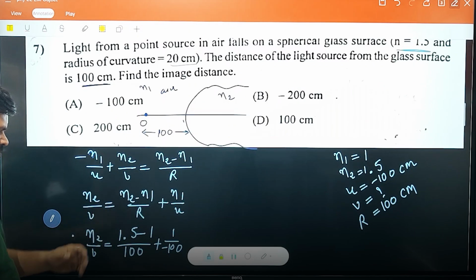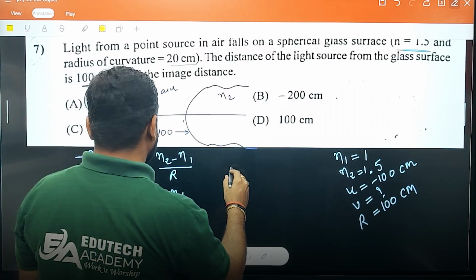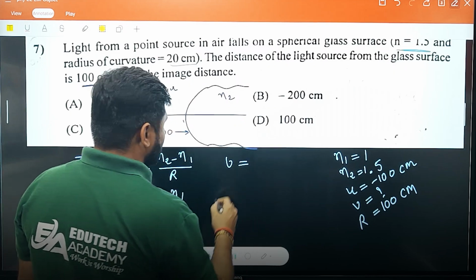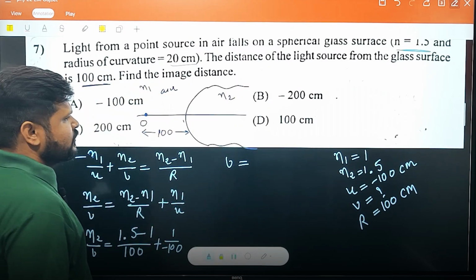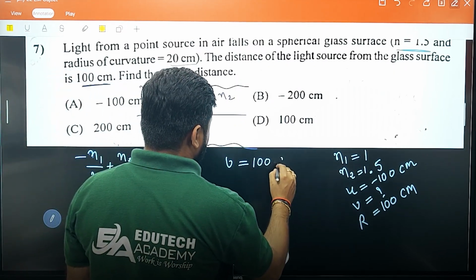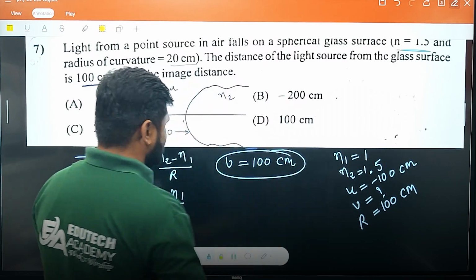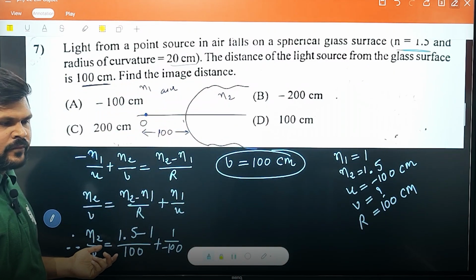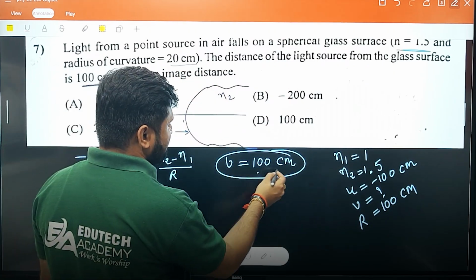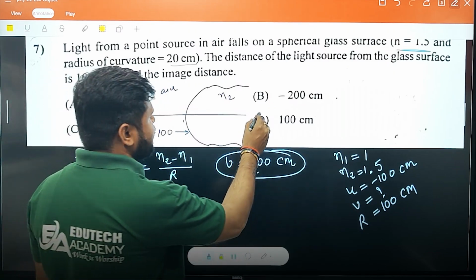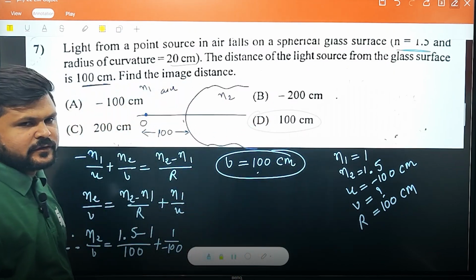So when you solve this, you will find that your final answer will be 100 cm plus 100 cm. By solving this equation, you will come to know that your final answer will be 100 cm. So the correct option is D, 100 cm.